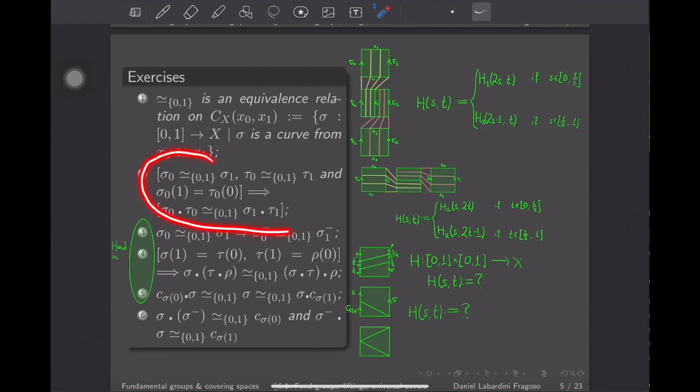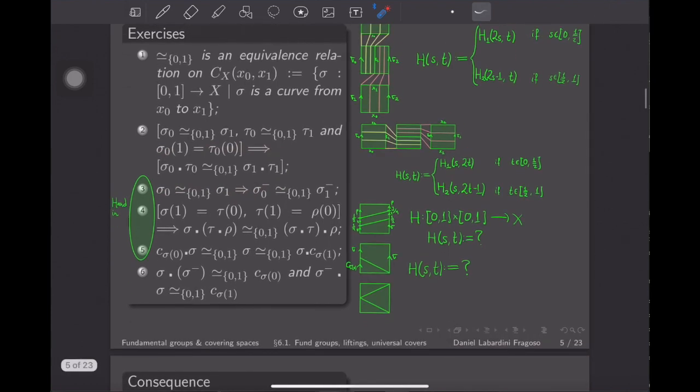Homotopy relative to endpoints is compatible with concatenation whenever concatenation is defined. Homotopy relative to endpoints is compatible with taking inverses, sigma minus. Up to homotopy relative to endpoints, concatenation is associative.